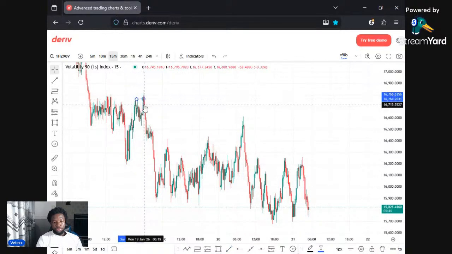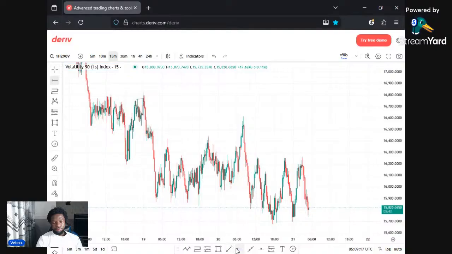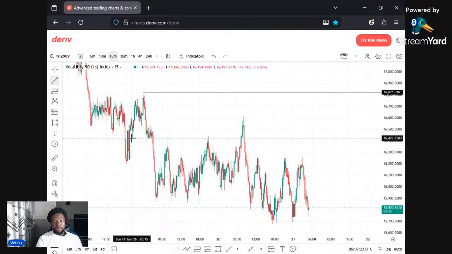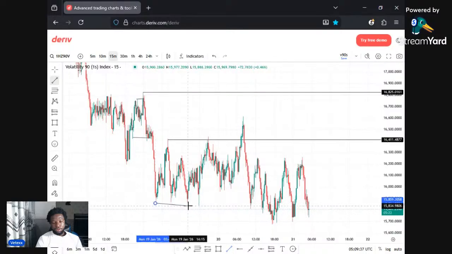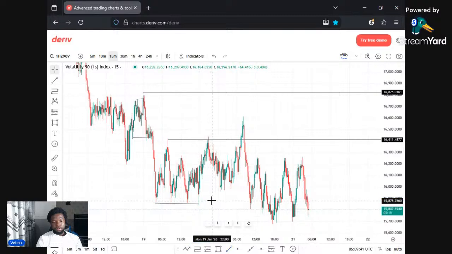So this is it. We have a sweep of liquidity here. We have our protected high right here. We have our first break of structure here, and then we have our structural liquidity, which is this. And also we have our second break of structure, which is this. And then what does price do?